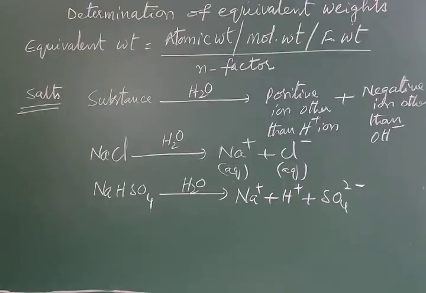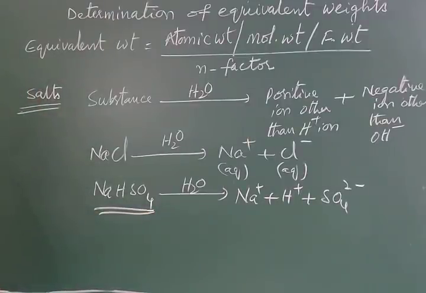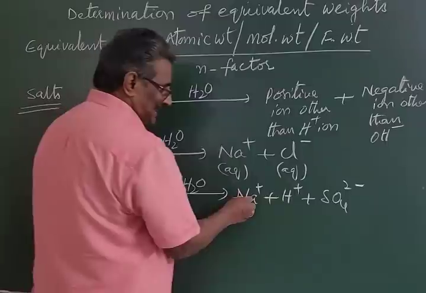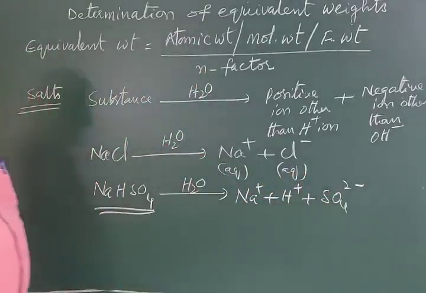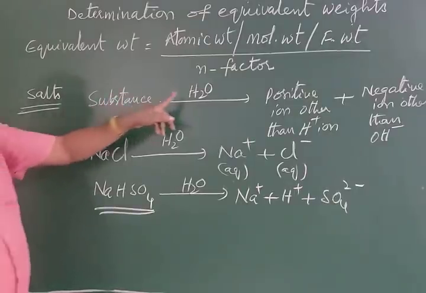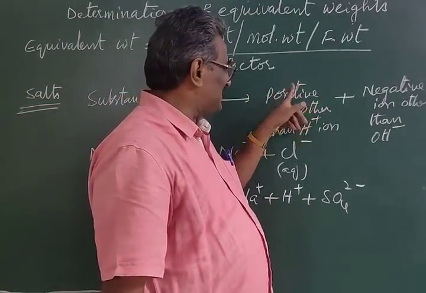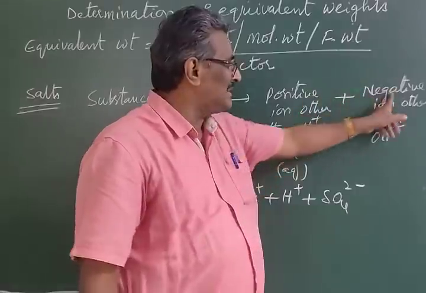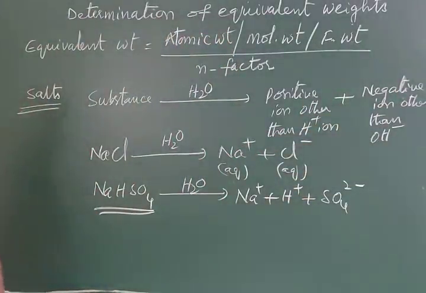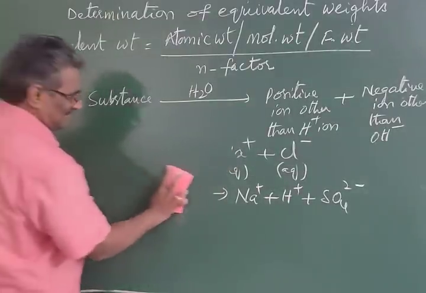So this is also said to be a salt. Salts are the substances which when dissolved in water give at least a positive ion other than H plus ion and at least a negative ion other than OH minus ion.